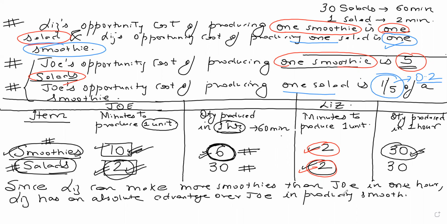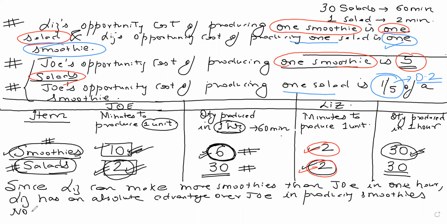What have we compared? We have compared the production per hour. How much production was done in 1 hour? Obviously, both are producing the same number of salads in 1 hour, so no one has absolute advantage over the other in the production of salads.